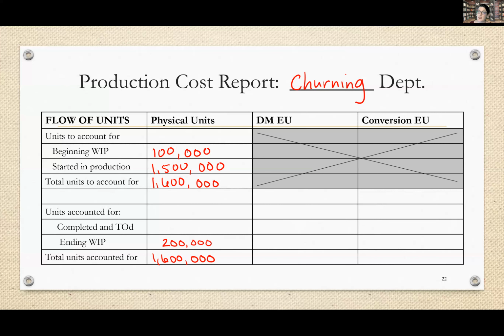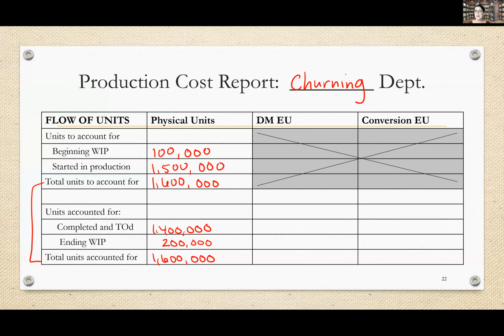It did not tell me how many units were completed and transferred out, but I can still figure that out because I know what my ending should be, the 1,600,000, because these have to balance. I have 200,000 units in my ending work in process inventory, so to make the math balance, I must have transferred out 1,400,000 units.